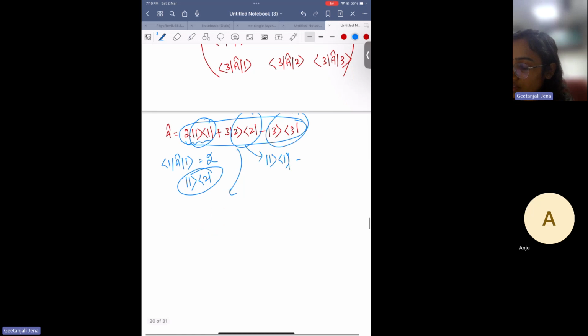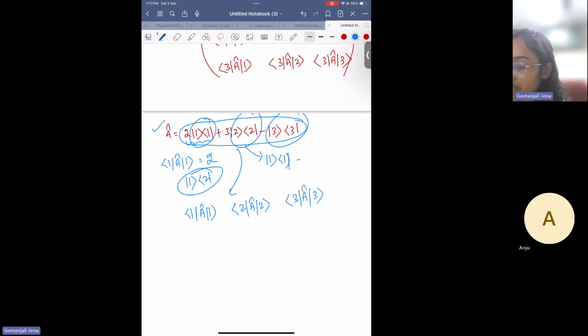That means the only non-zero quantities will be <1|A|1>, <2|A|2>, and <3|A|3>, and the other terms will be 0, because this operator A doesn't have any cross terms.